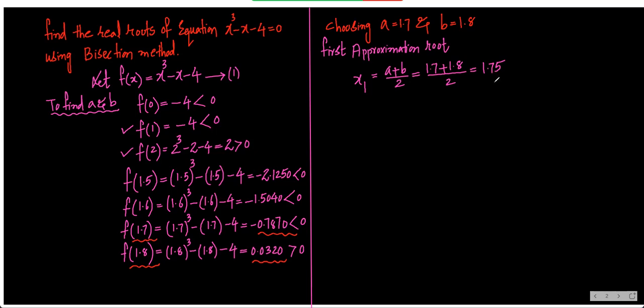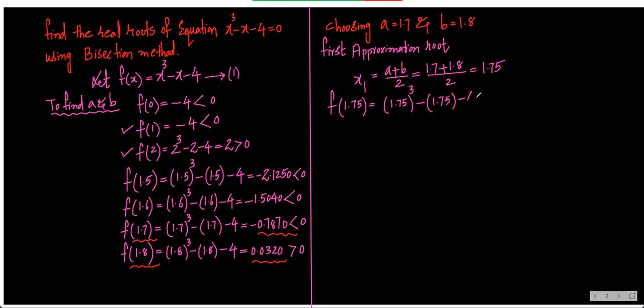This first approximate value, we have to substitute in our function. Let us substitute f of 1.75. f of 1.75 is equal to 1.75 whole cube minus 1.75 minus 4.